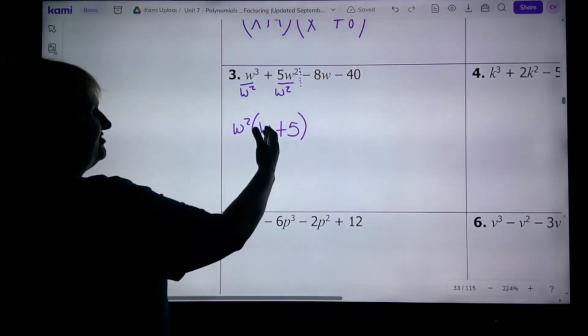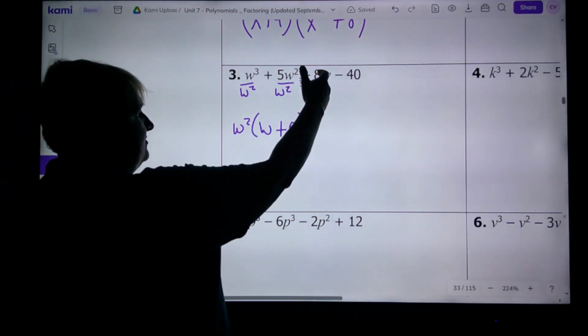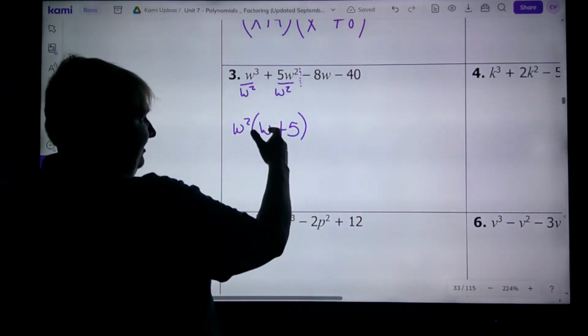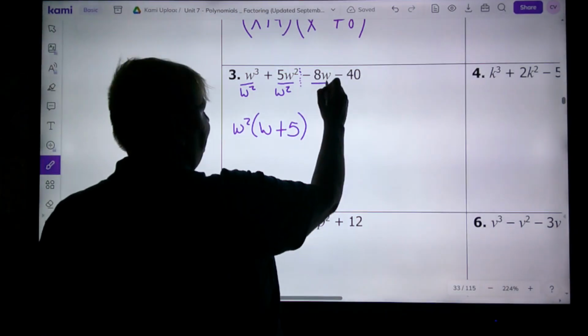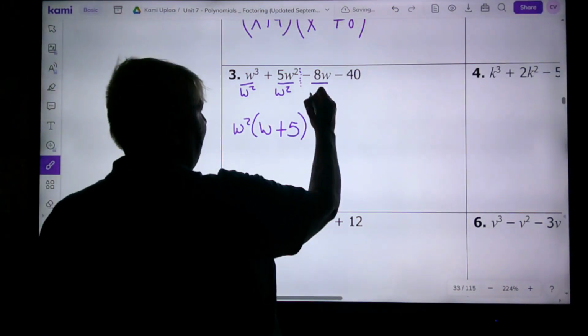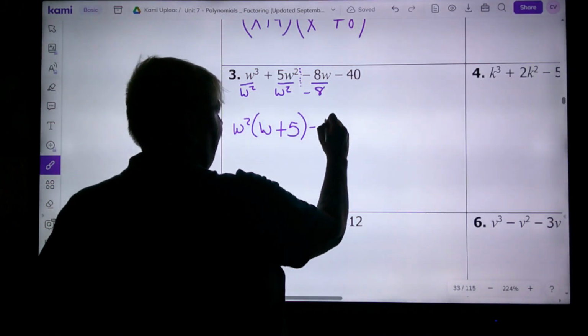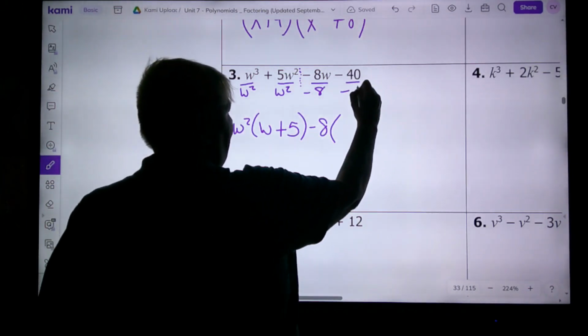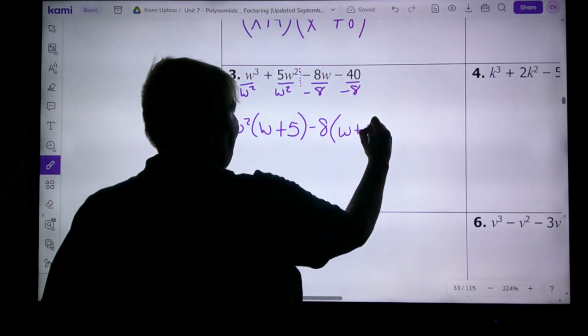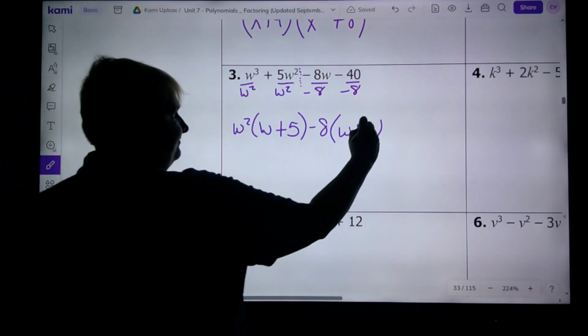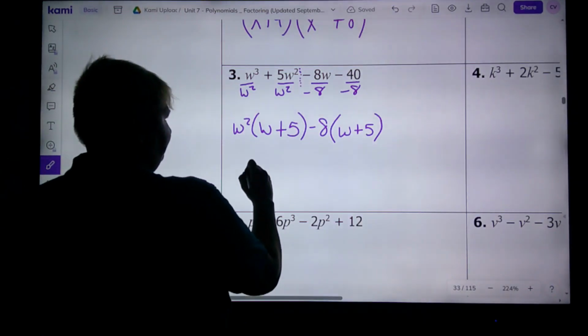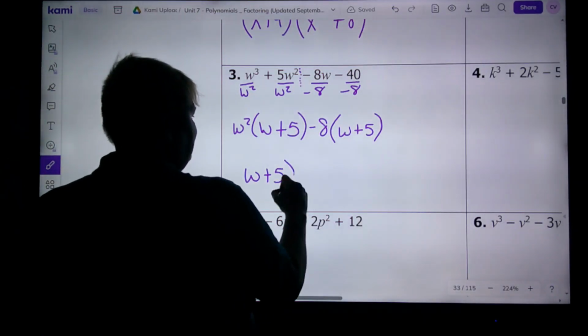So you can ask yourself, what do I need to multiply these to end up with this? Right? So I can take a negative 8 out of both, and that leaves me with w plus 5. Right? W plus 5.